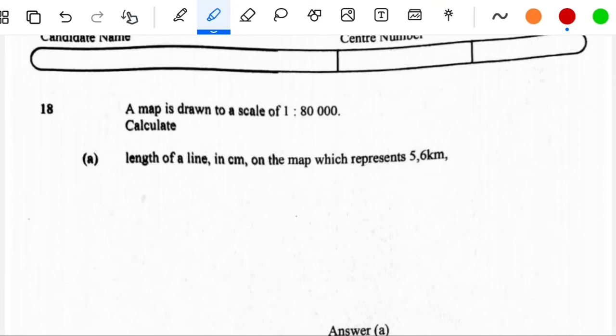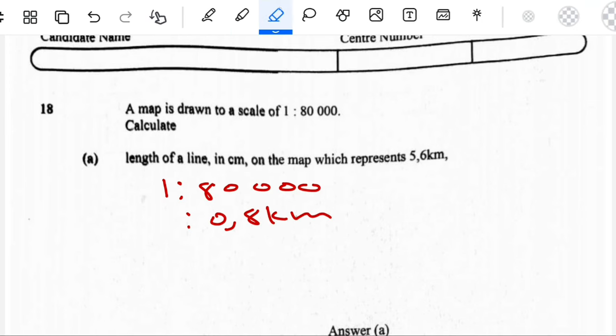The number 18, a map is drawn to scale of 1:80,000. Calculate the length of a line in centimeters on the map, which represents 5.6 kilometers. Okay, so our scale is 1:80,000, which means it's 1 to 0.8 kilometers.